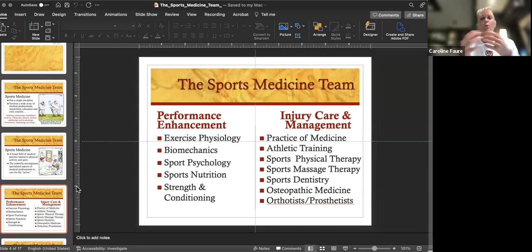Our nutritionists worry about what kind of fuel we put in the body also, because that has a very direct correlation on the likelihood of injuries.